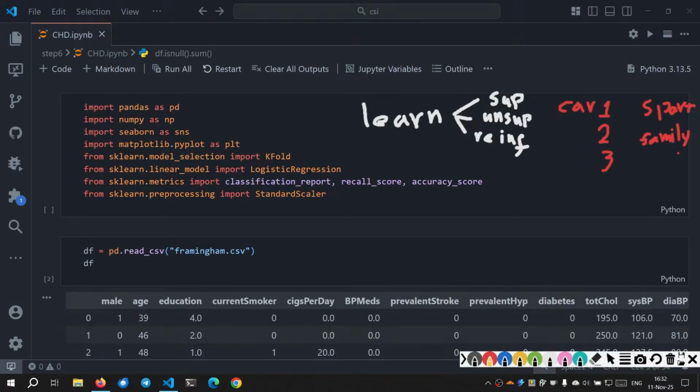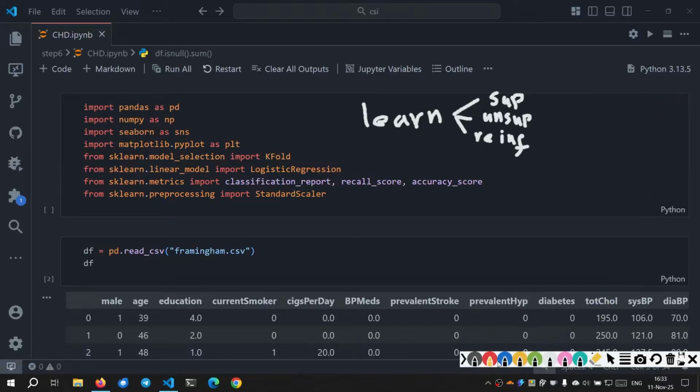When my algorithm comes and looks at this data and learns based on these labels, that's supervised. I'm supervising my algorithm. I'm telling it, look, this is what the true label is, so take that in mind and take it into consideration in your calculations. When you do this, it's called supervised learning.